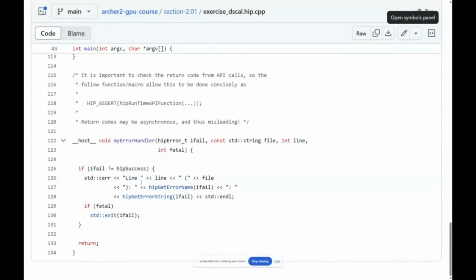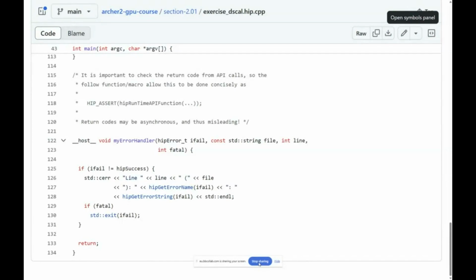If it's not hipSuccess, let's print some information. We run hipGetErrorName, we run hipGetErrorString, and then we exit from the code using standard exit. This allows us to make sure that we pick up the error and exit from the program in an appropriate way.